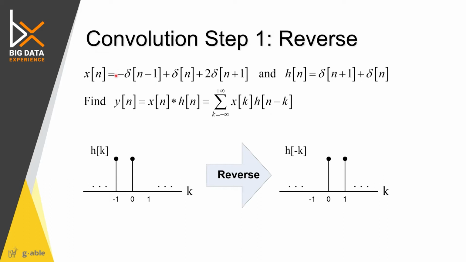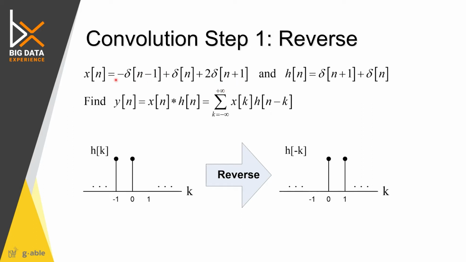Suppose we have x[n] that looks like this. This is an impulse function, a unit sample function, delta[n], which has the value of 1 if the inside equals 0. At n equal -1, it has the value of 2.